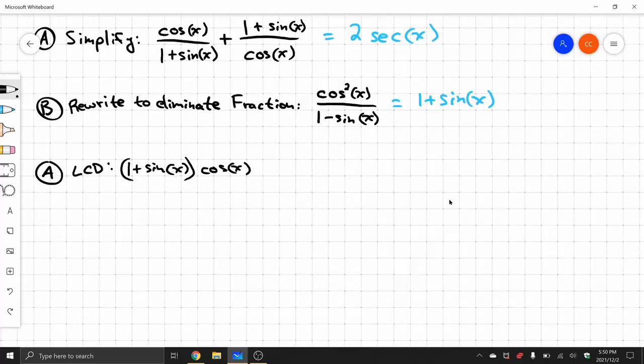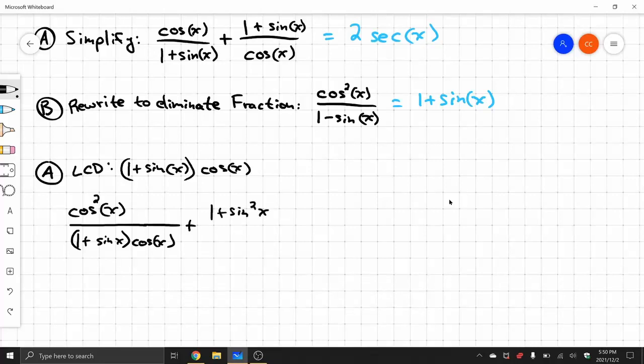So I'm going to multiply everything through by my least common denominator, and when I do that, I'll have cosine x times cosine squared x over 1 plus sine of x, times cosine x, plus 1 plus sine squared x, 1 plus sine of x, quantity squared, all over 1 plus sine of x, all over cosine x.